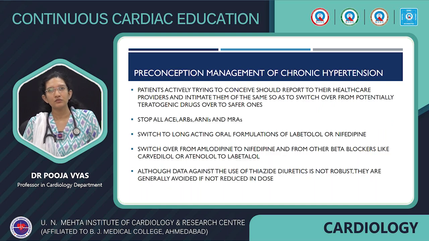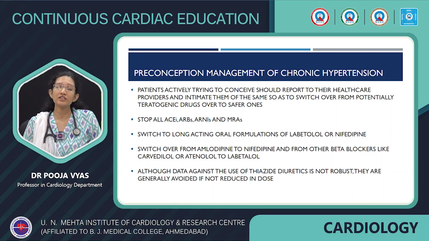Preconception management of chronic hypertension is also important, because for those patients who are trying to conceive and are already taking medicines, we need to switch them to other drugs because of the teratogenic effect. So we should stop all ACE inhibitors, all ARBs, ARNIs and MRAs, mineralocorticoid receptor antagonists.